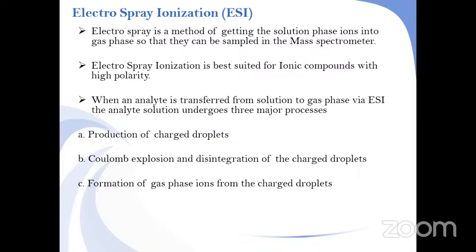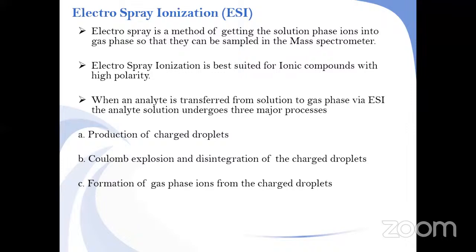This is based on a voltage of 3 to 5 kV. The sample solution is at the tip of the attached capillary tube, to which a voltage of 3 to 5 kV is applied. Mainly a nebulizer gas flows from the outside, with the same polarity as the applied voltage.